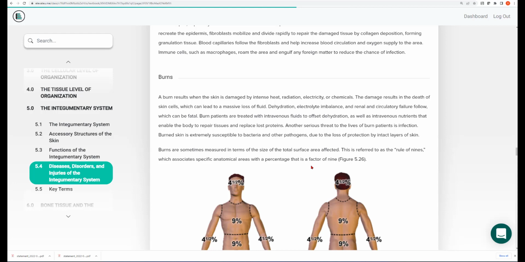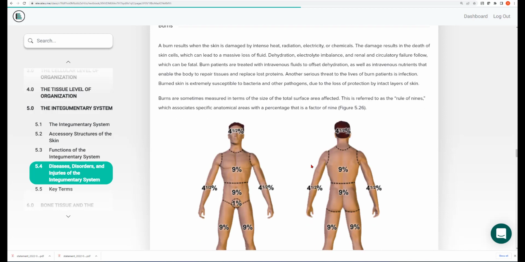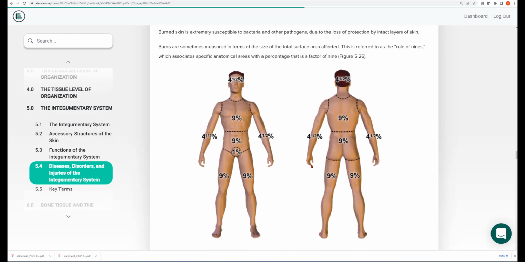Also, when you lose your skin layers to a burn, you also open your body up and make it more susceptible to infection. So you have all sorts of reasons why a significant burn is very dangerous and can be a life-threatening condition. First thing I want to introduce to you is the rule of nines.